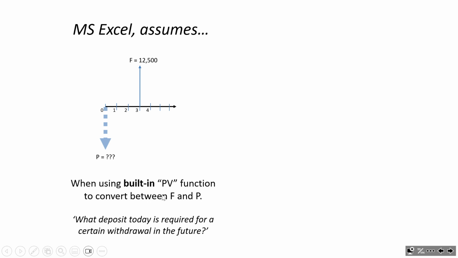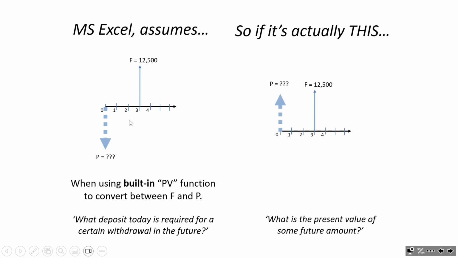So the built-in function automatically changes the sign when it's doing the discounting. Or if it's doing the compounding, it also changes the sign because there's a PV function, there's an FV function. And anytime it's doing financial calculations, if you actually want to know what is the discounted amount but not the opposite sign, then you have to put the negative sign into the formula.